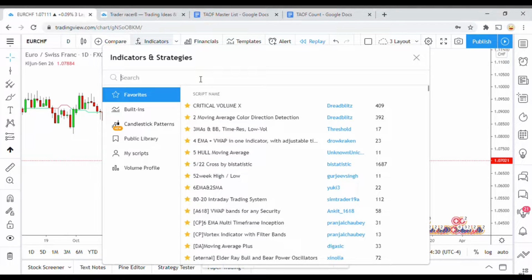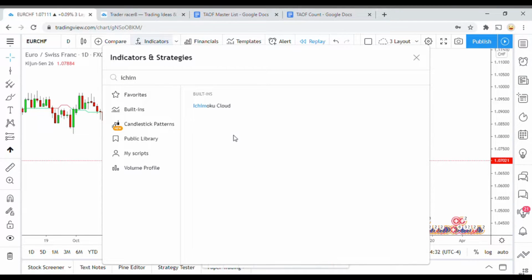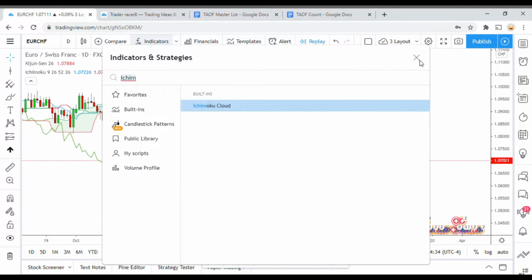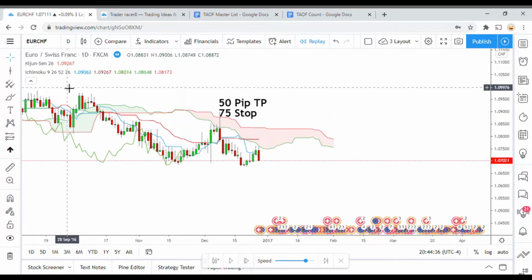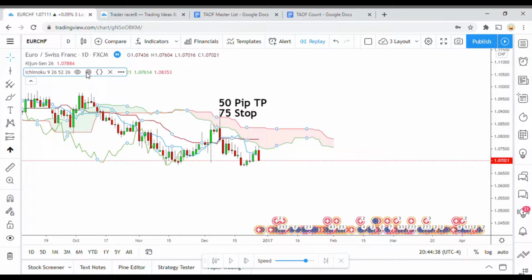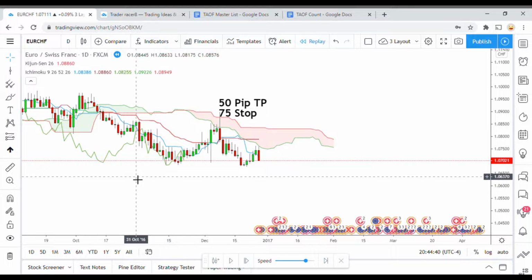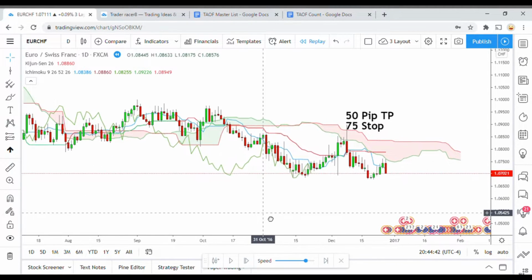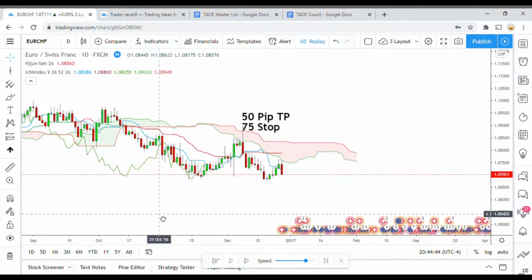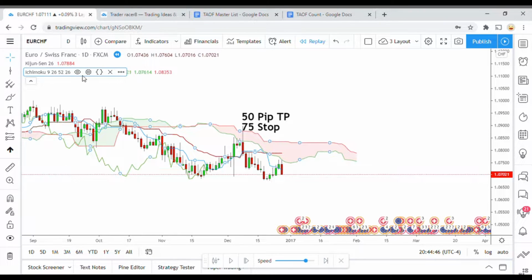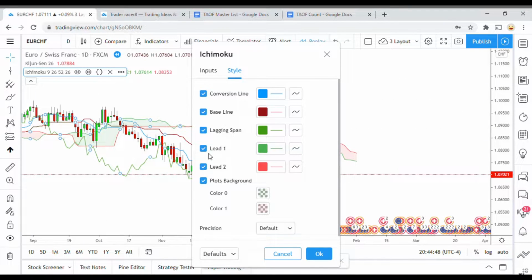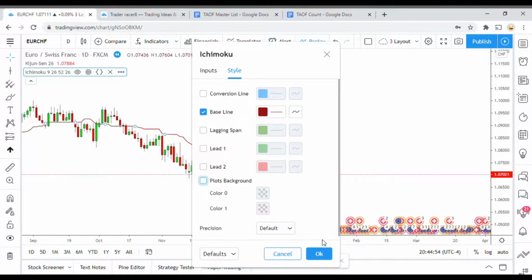So, for example, if we were to pull up the Ichimoku, this is the Ichimoku system in its entire form, and you see here is the baseline right here.